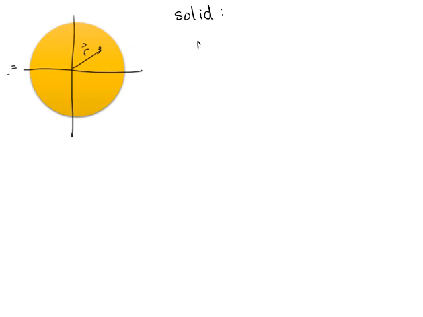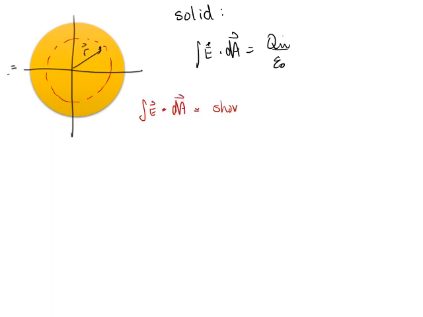We'll write Gauss's law. The integral of E dot dA is equal to Q inside our Gaussian surface divided by epsilon naught. Our Gaussian surface will be a sphere with radius r. The integral of E dot dA equals, we'll show all the steps like we did in the lectures, and we'll find that that's equal to E times 4 pi r squared.